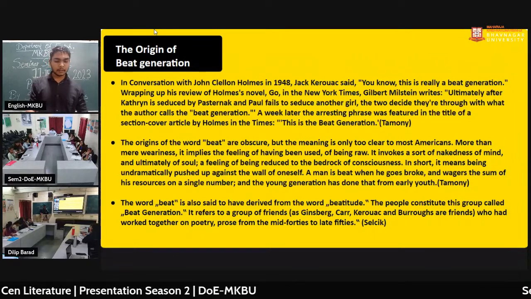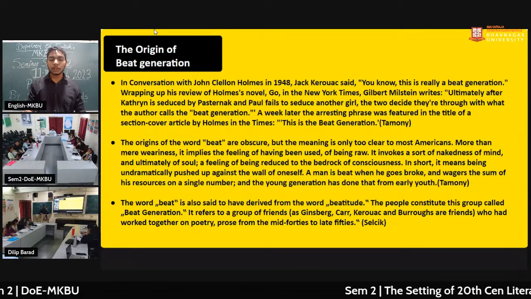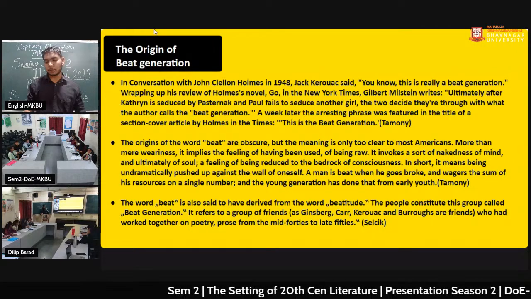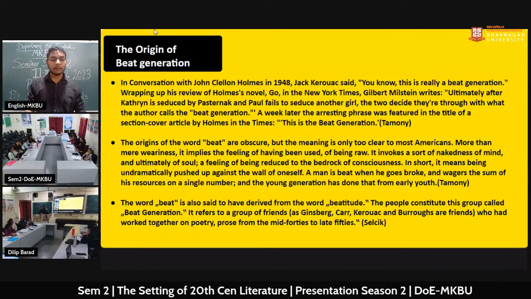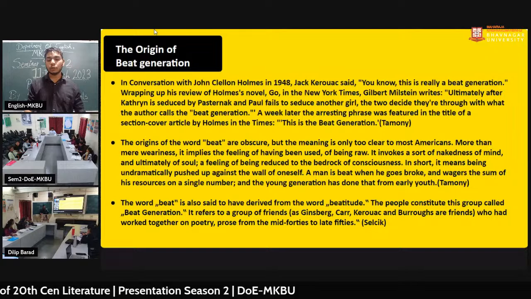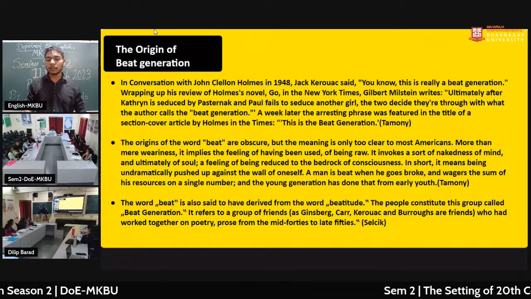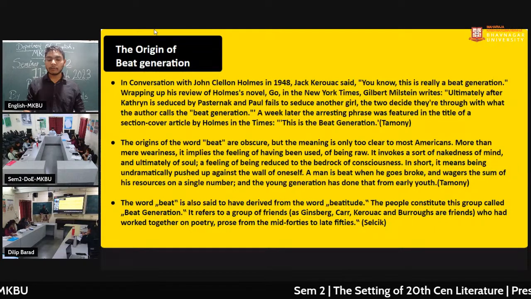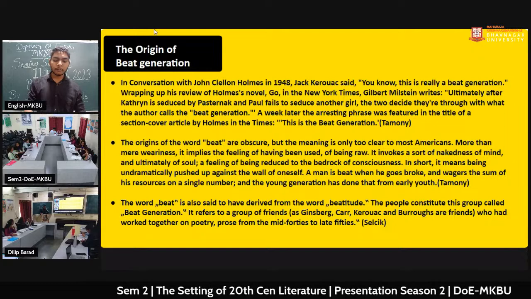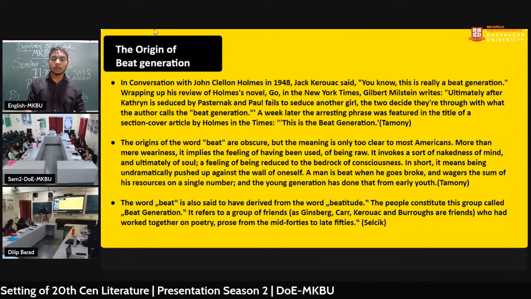The origins of the word beat are obscure, but the meaning is only too clear to most Americans. More than mere weariness, it implies the feeling of having been used, of being raw. It evokes a sort of nakedness of mind and ultimately of soul, a feeling of being reduced to the bedrock of consciousness.